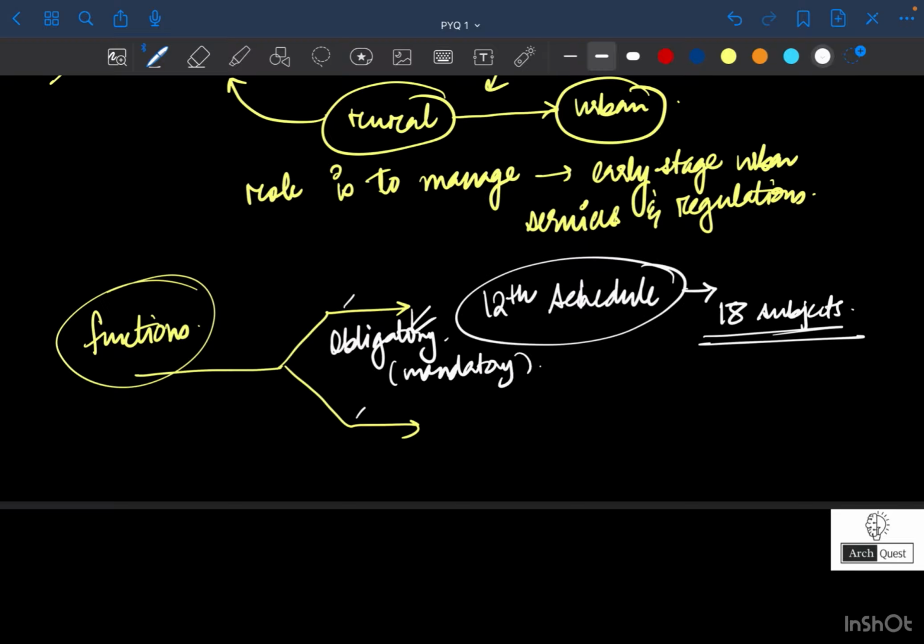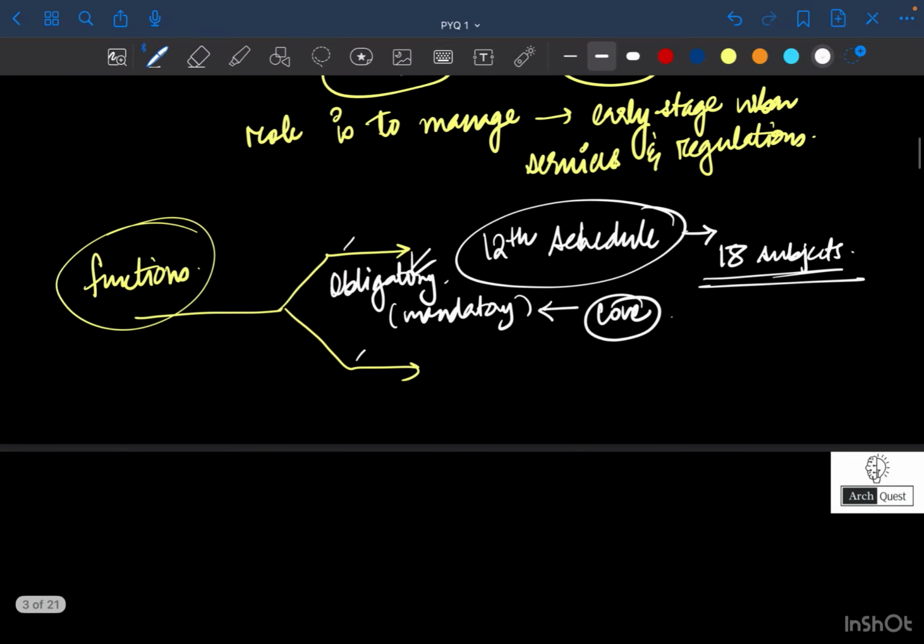These are the functions which have to be there. You cannot compromise on these functions. These form the core, like the services, the health, all of that. And then comes the discretionary or the optional ones.